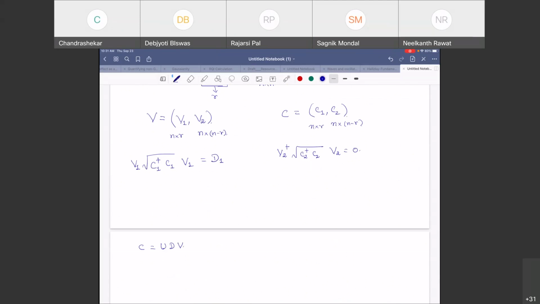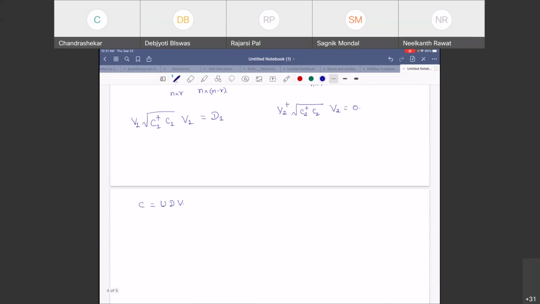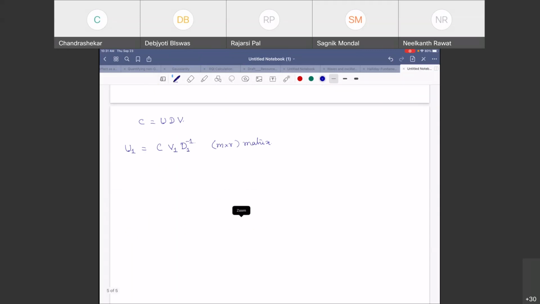Now we can define U1, this new matrix, which is part of the U matrix, as C V1 D1 inverse. So this will be an M cross R matrix. Now we have to check if this is unitary.